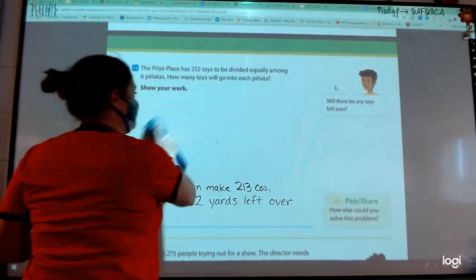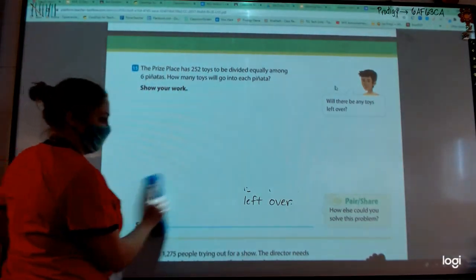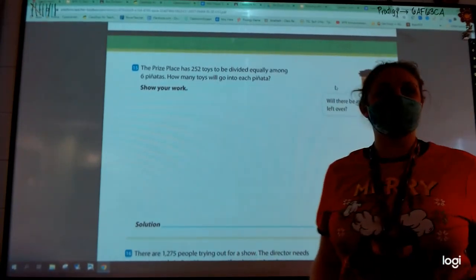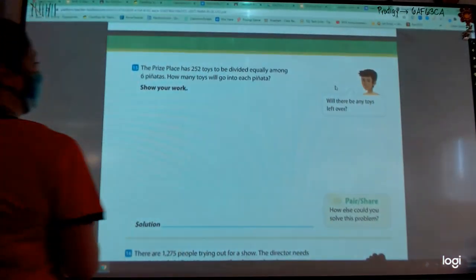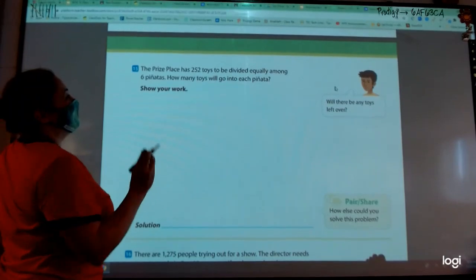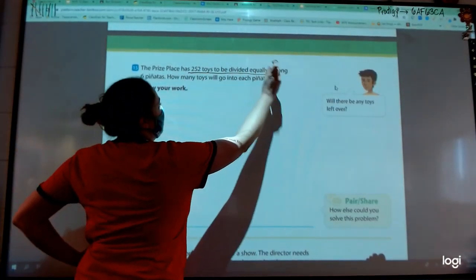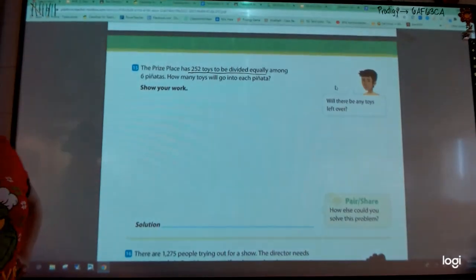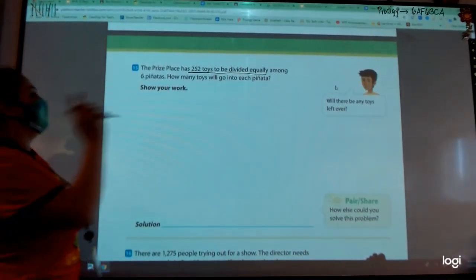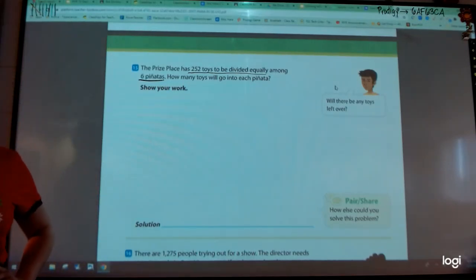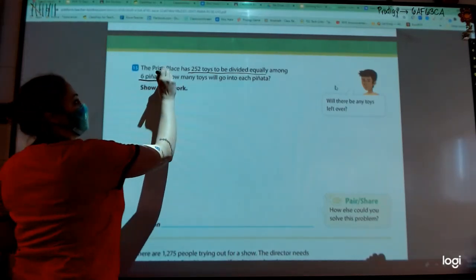So, first step, after we read our problem, we need to find the important stuff and underline it. So what's important to underline? Hayden, give me one thing. The 252 toys. All right, there's 252 toys to be divided equally. Zoe, what else is important? 6 piñatas. We're putting it in 6 piñatas. All right, and then we need to mark our question, right, Cadence? Yeah. All right, so put that in a box.